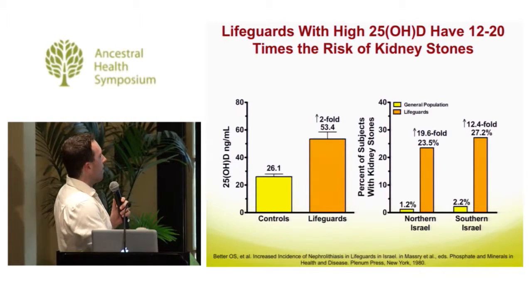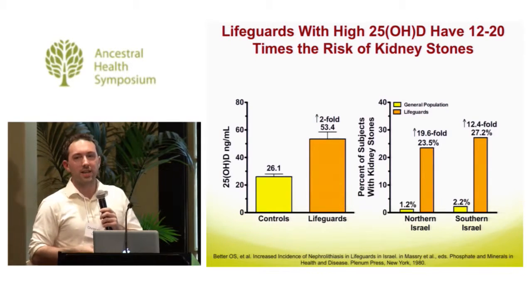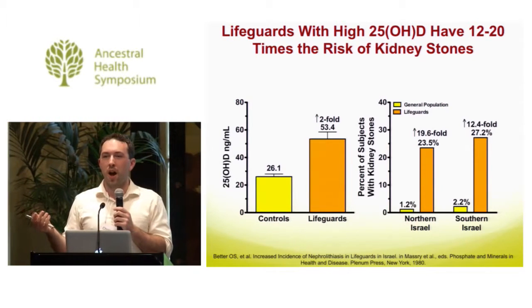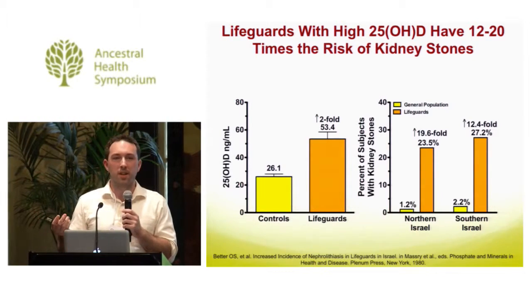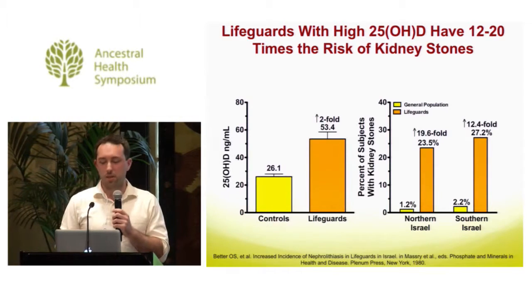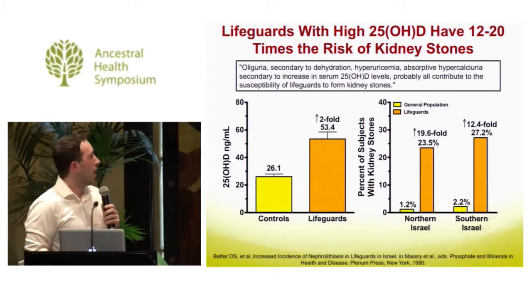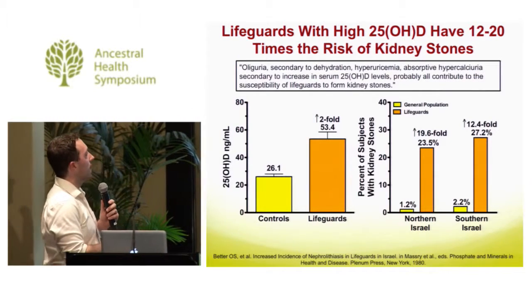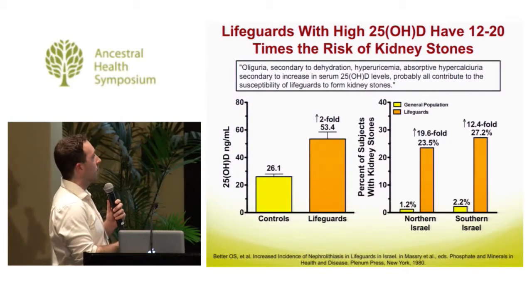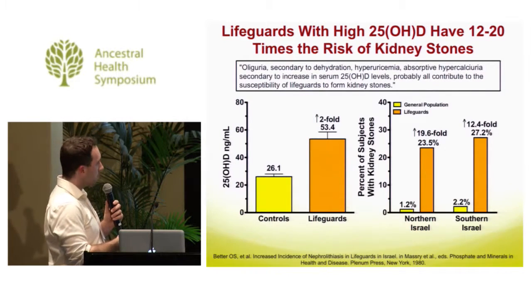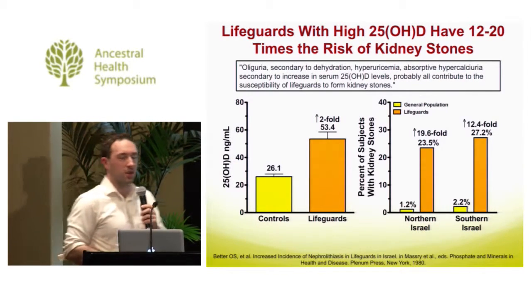Now, this 53 nanograms per milliliter isn't that much different from the higher than 40 nanograms per milliliter that we saw potentially contributing to heart disease in cardiac surgery patients. These authors noted that these Israeli lifeguards also had signs of dehydration and of skin damage, and they said that probably all of these contributed to the increased susceptibility to kidney stones.